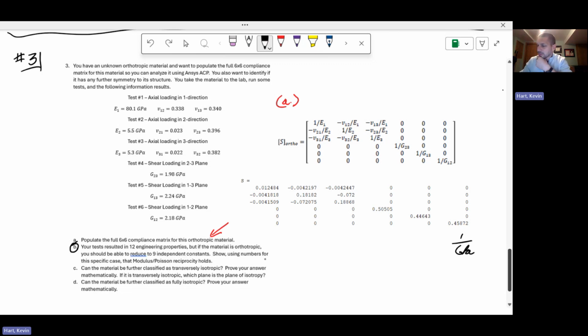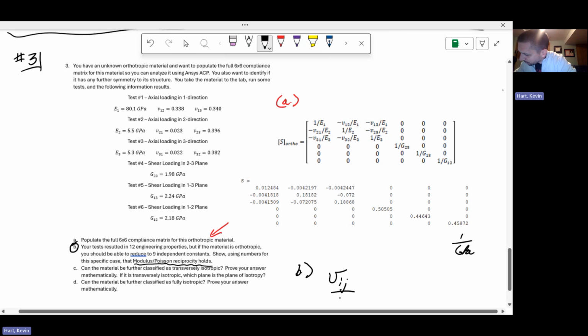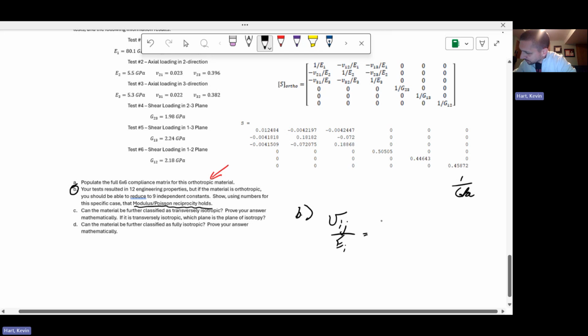So we want to show using numbers that the modulus Poisson reciprocity holds. And what modulus Poisson's reciprocity is that nu ij over Ei is equal to nu ji over Ej. So more or less what that means is, let's say nu 1,2 over E1 is nu 2,1 over E2.